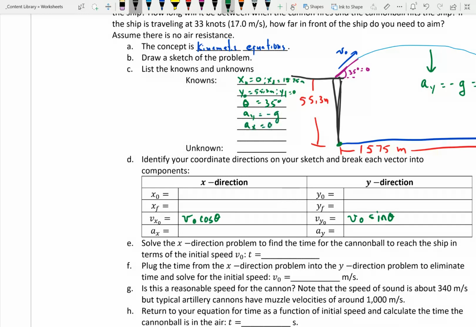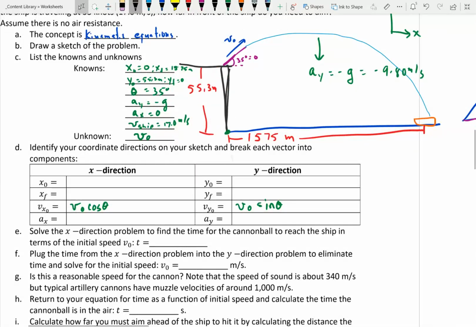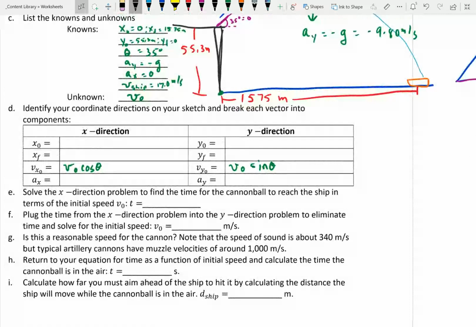Acceleration in the x direction is 0. And we know the speed of the ship is 17.0 meters per second. And the first thing I'm looking for is V0. Now, breaking things into components, I wrote the x0 is 0 above, and x final is 1575 meters. y0 is 55.3 meters, I wrote above, and y final is 0.